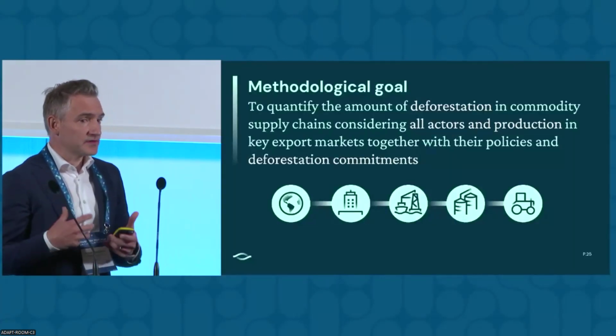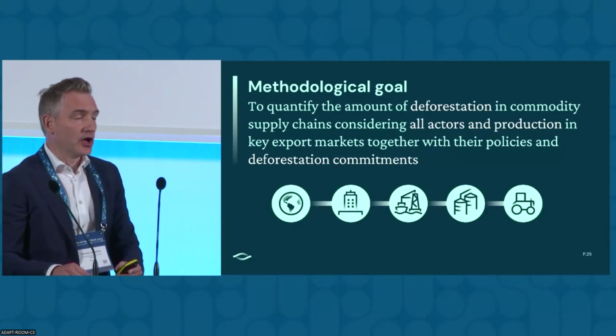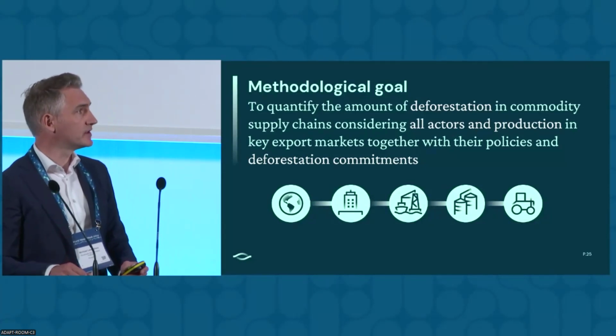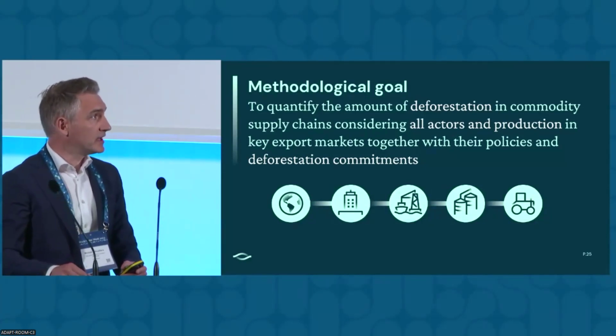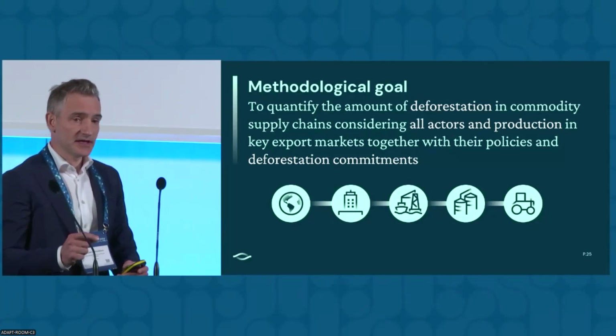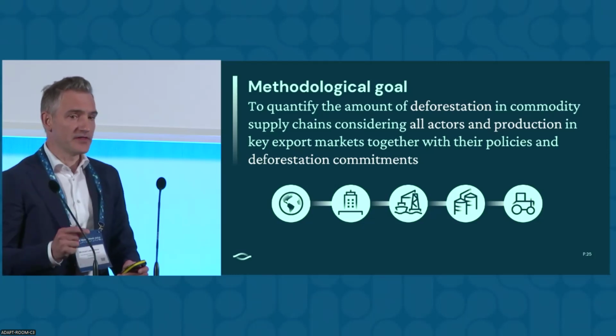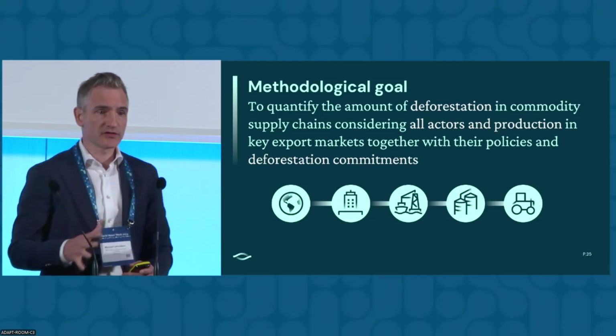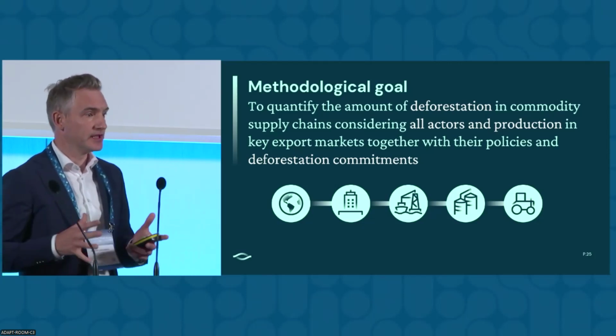And Trace has based its work on the development of a methodology that we've perfected over the years. And what we're after is connected data sets that can quantify the amount of deforestation in commodity supply chains, but we're not so much interested in 1, 2, or even 10 companies.